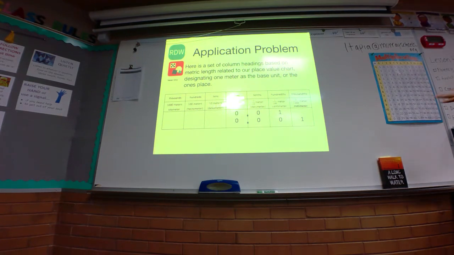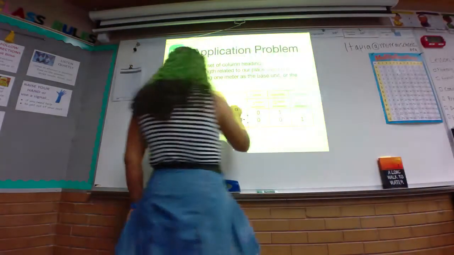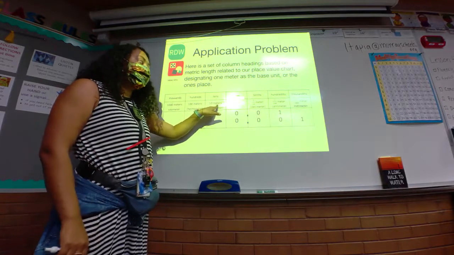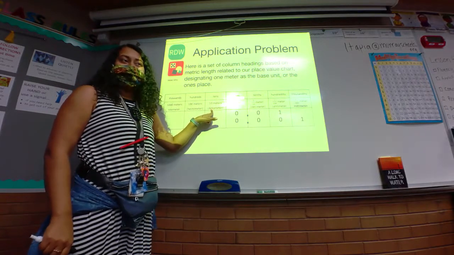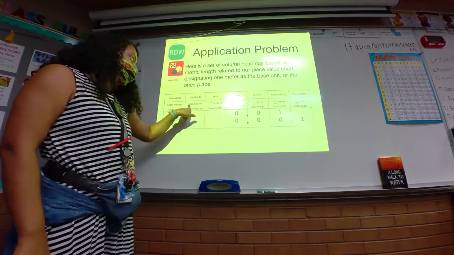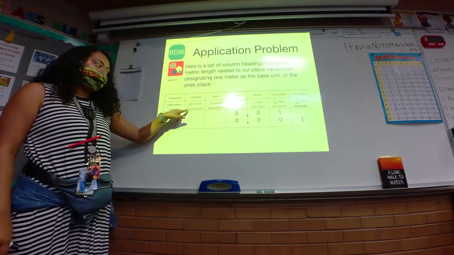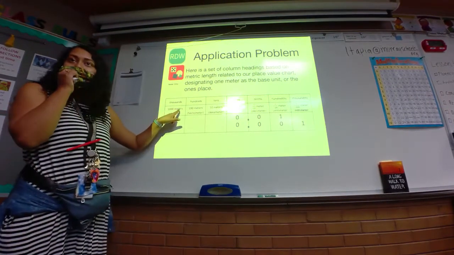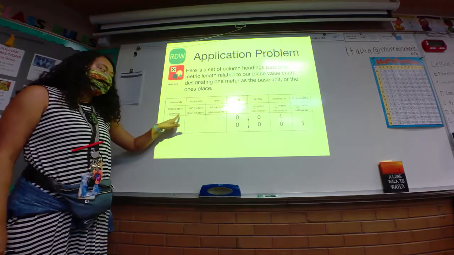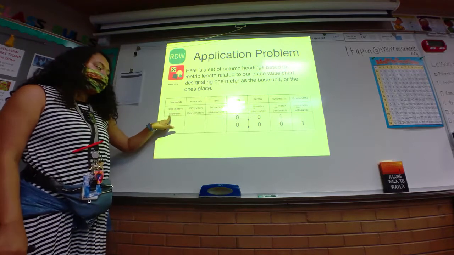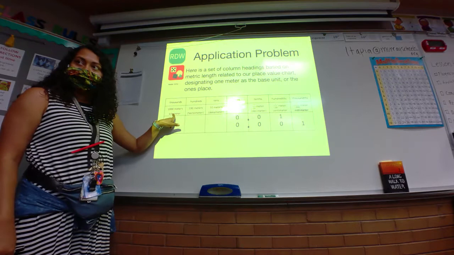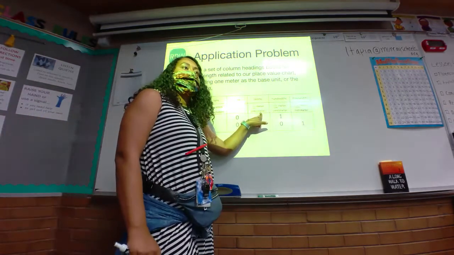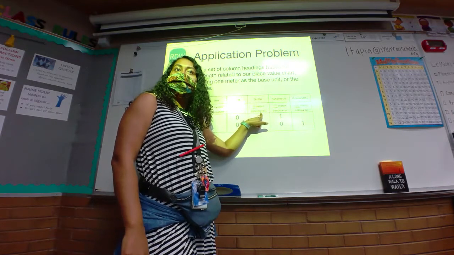So this is 1 meter for the ones. 10 meters would also be called a decameter. 100 meters would be called a hectometer. 1,000 meters would also be called a kilometer. Okay, so now let's go into the decimal fractions.